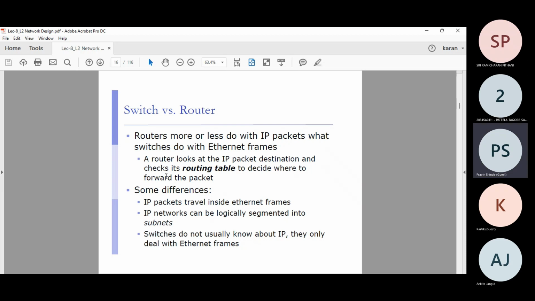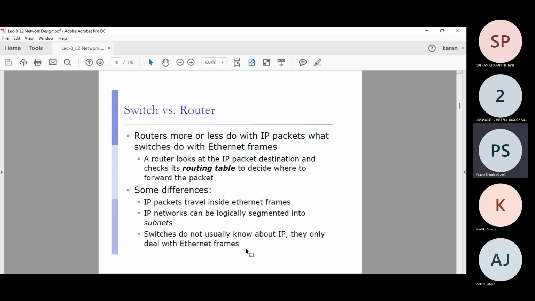So that is a difference. A router looks at the IP packet destination and checks its routing table to decide where to forward the packet. Some differences below. IP packets travel inside Ethernet frames. IP networks can be logically segmented into subnets. Switches do not usually know about IP, so they only deal with the Ethernet frame.